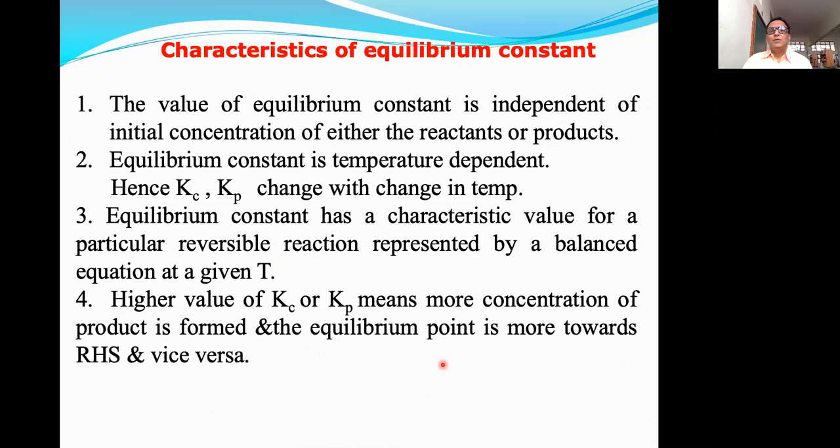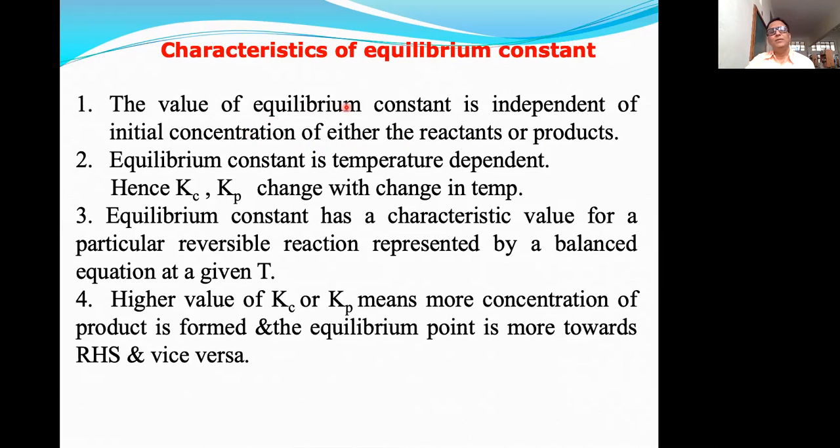Now we'll discuss the characteristics of equilibrium constant. The first point is given as the value of equilibrium constant is independent of initial concentration of either the reactants or products. Is it clear? What is given?